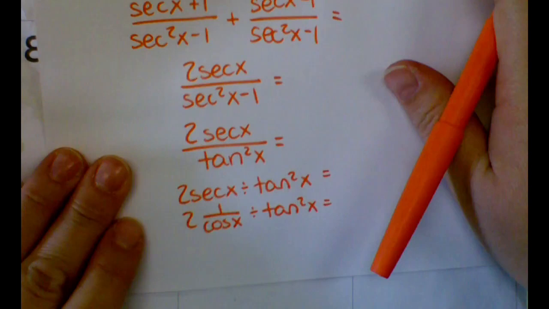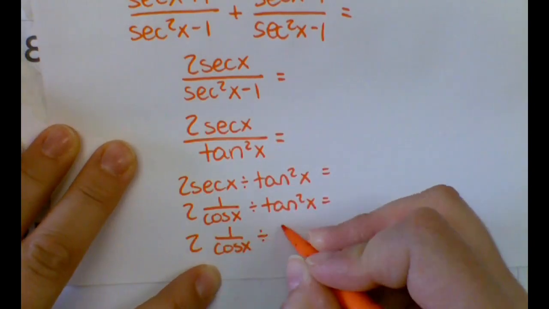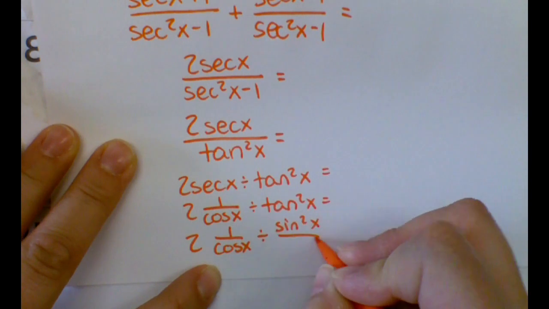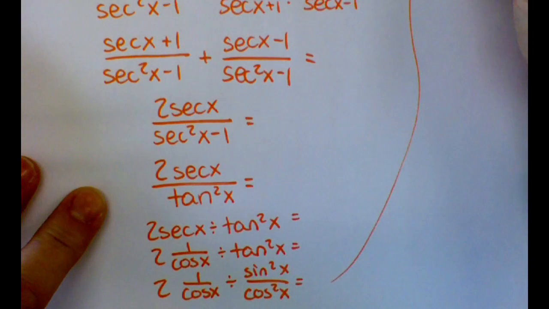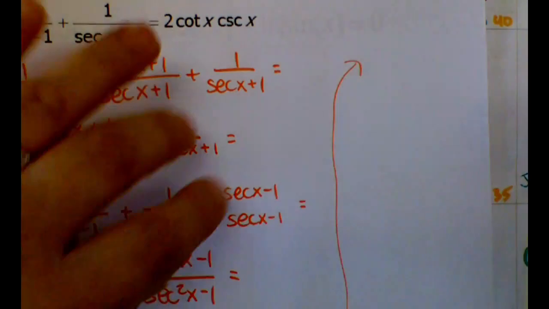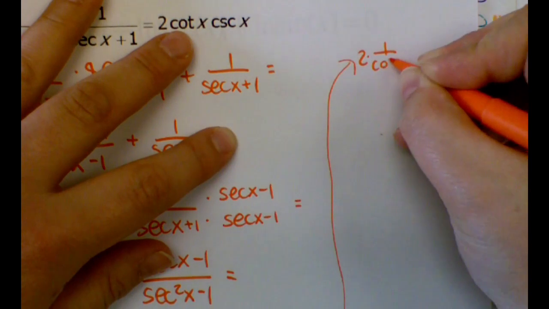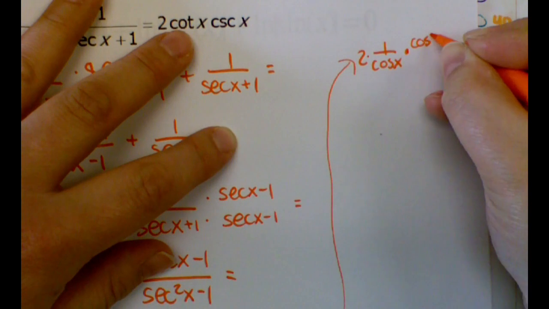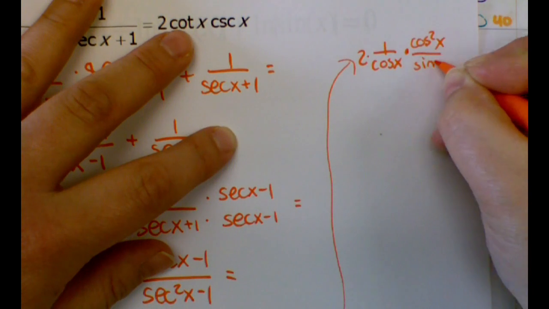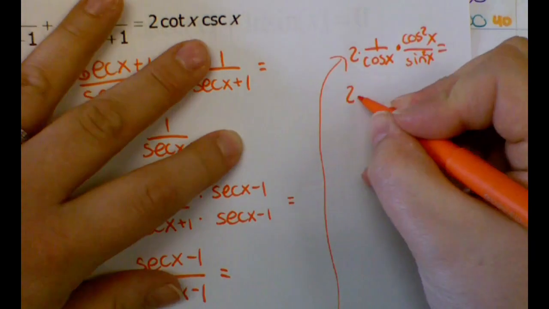And so I have 2 times 1 over cosine of x divided by sine squared of x over cosine squared of x. And I gotta go up here again. Flip over that second one. 2 times 1 over cosine of x times cosine squared over sine squared. And now one of those cosines cancels.